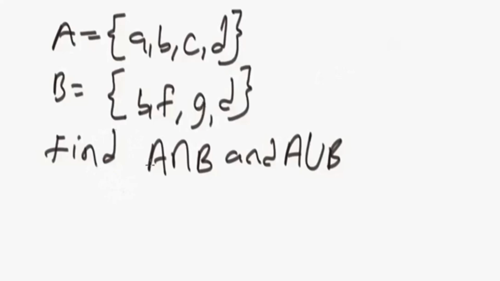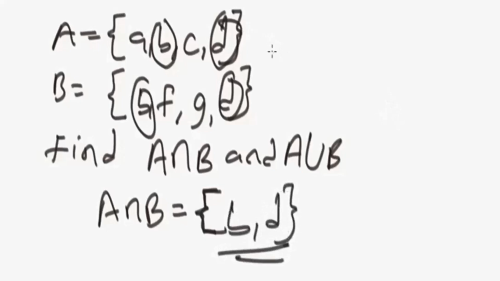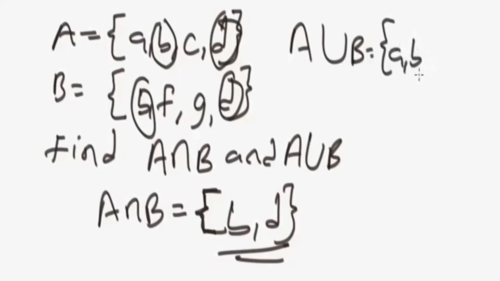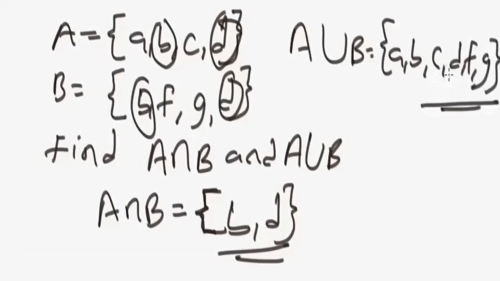A intersect B means that you should find the common values in both set A and set B. As you can see, we have B in set A and B in set B, and we have D in set A and D in set B. So A intersect B will be the common elements, which are B and D. Whereas A union B will be all the elements in set A and set B in ascending order without repeating any, so we have A, B, C, D, F, and G. And this will be our union of sets A and B.